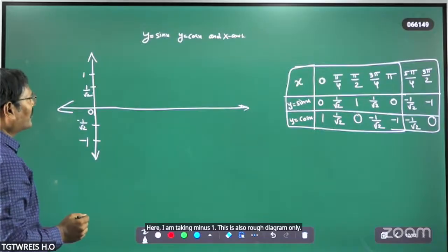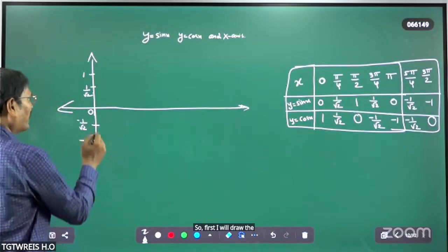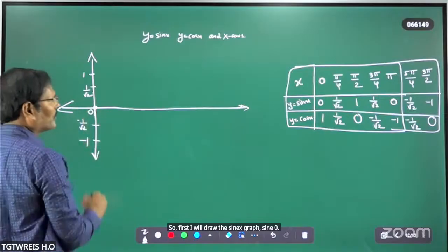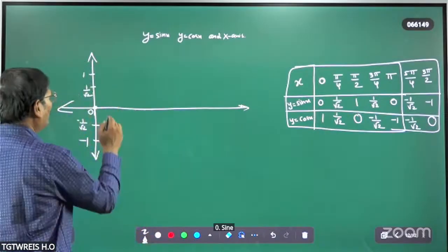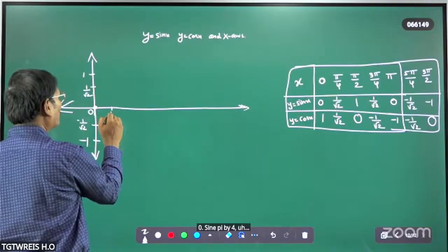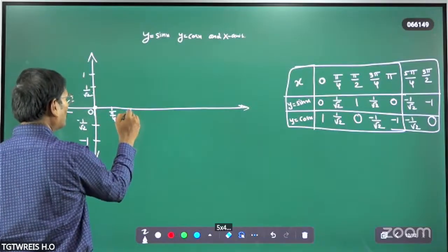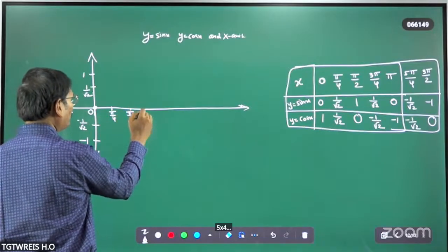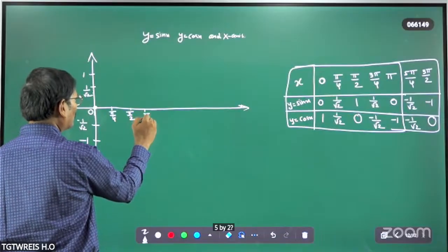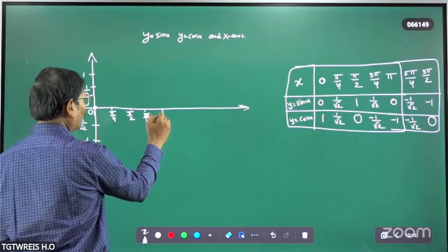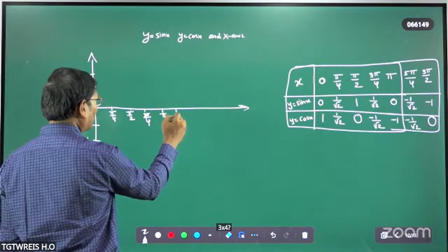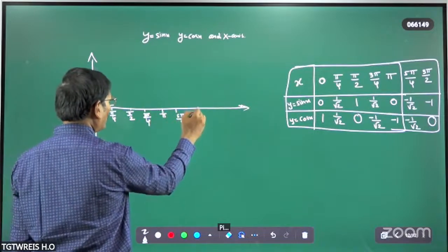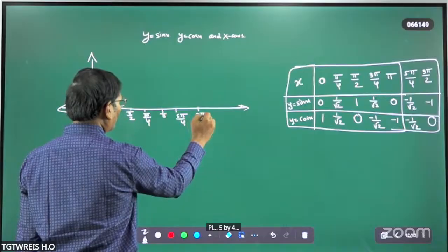So first I will draw the sin x graph. Sin 0, 0. Sin pi by 4, pi by 2, 3 pi by 4, pi, 5 pi by 4, 3 pi by 2.